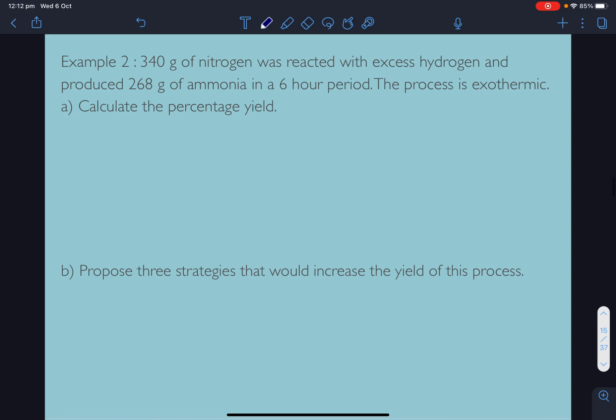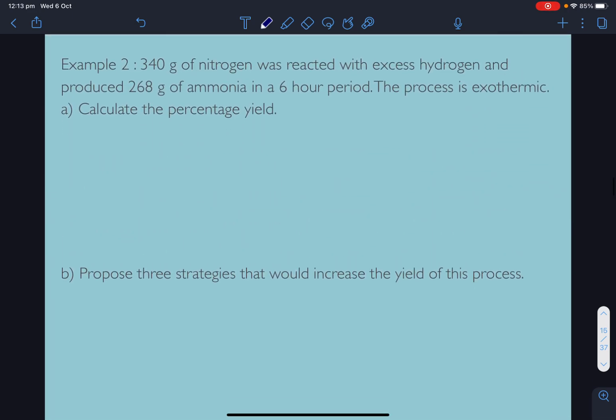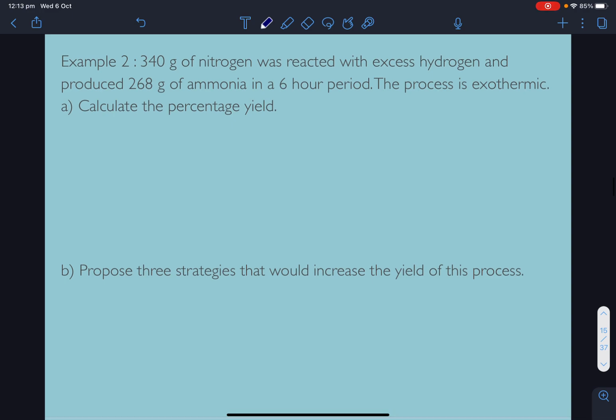Okay, so we're just going to end on this one, and we'll finish talking about yield. All I've done is changed this question. I've aimed for the same type, but I haven't said that one of them is in excess, so we've got a truly limiting reaction here. And notice also that we've said a time period.